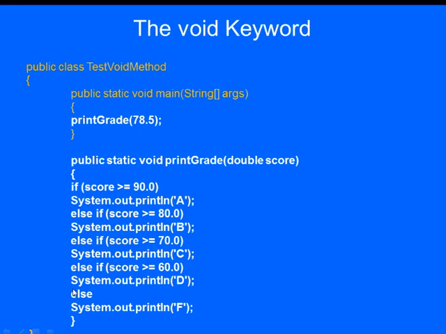So in the definition part of the method we have the void keyword. Void means it will not return any value. The 78.5 is assigned to score, and accordingly we've written a certain set of statements. So if the return type is void, then we must not put return statements.